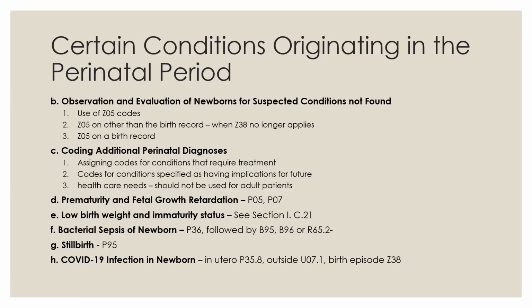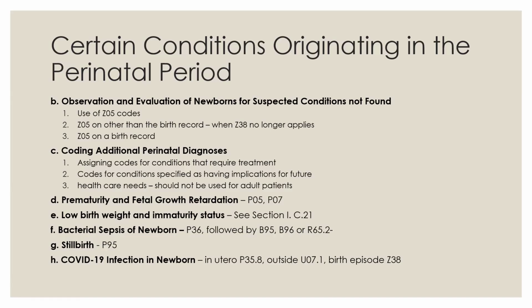If the P36 code includes the causal organism, an additional code from category B95 for Streptococcus, Staphylococcus, and Enterococcus as the cause of diseases classified elsewhere, or B96 for other bacterial agents as the cause of diseases classified elsewhere, should not be assigned.